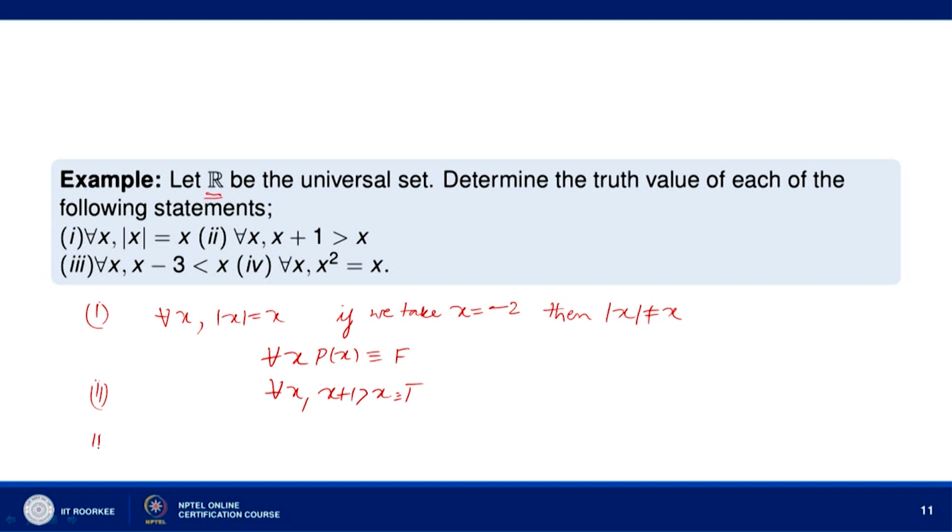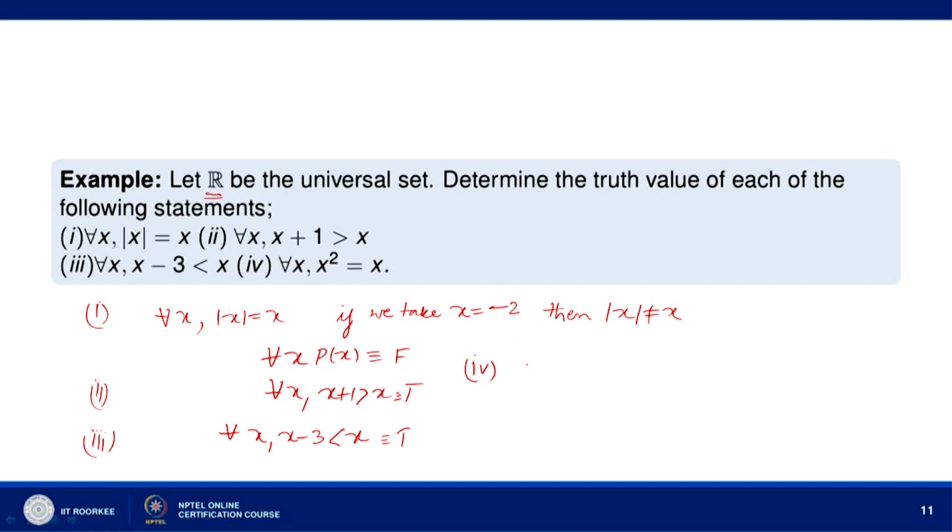Now, let us take the third case. In this case, for every x, x minus 3 less than x. Now, take any x belonging to R, then x minus 3 less than x is always true. So, its truth value is T. And then the fourth case: for every x, x square equal to x. So, P(x) here is x square equal to x.